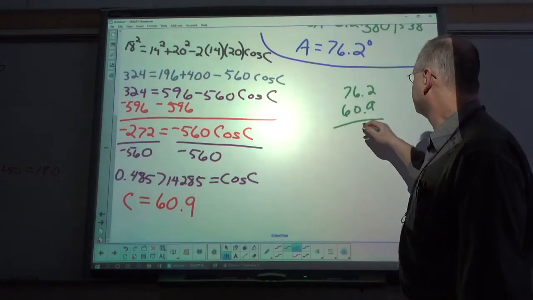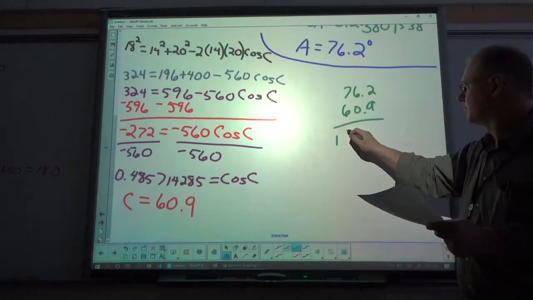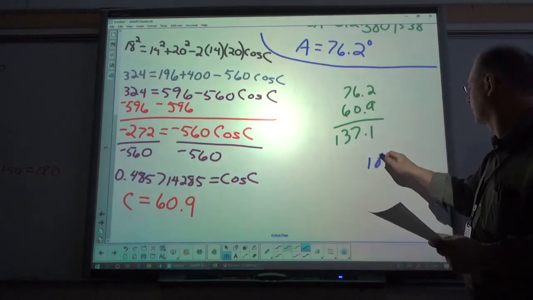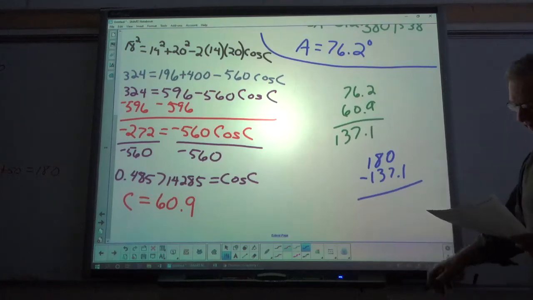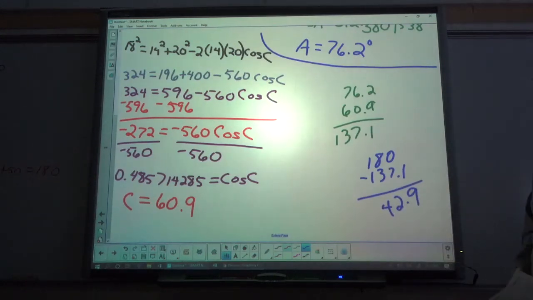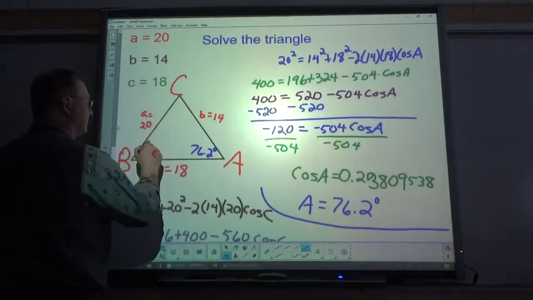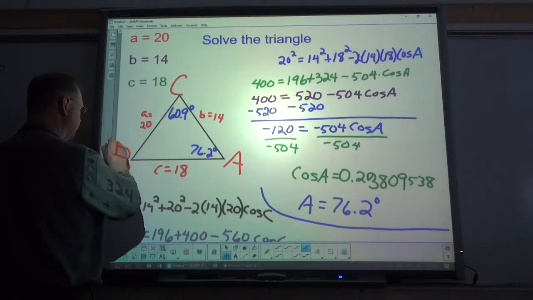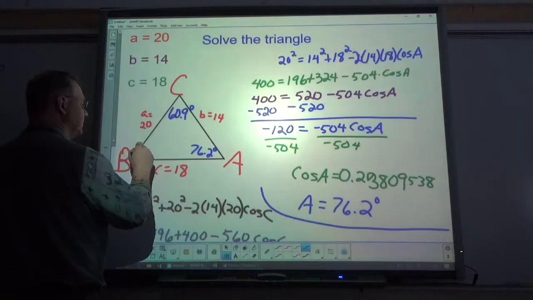So if I add these up and subtract from 180, I'm going to get 42.9 as my final angle. So 60.9 is C, and 42.9 is B.